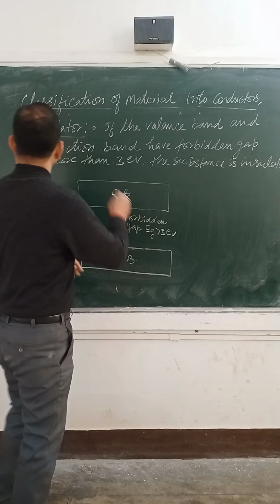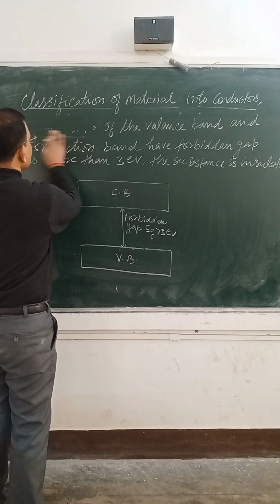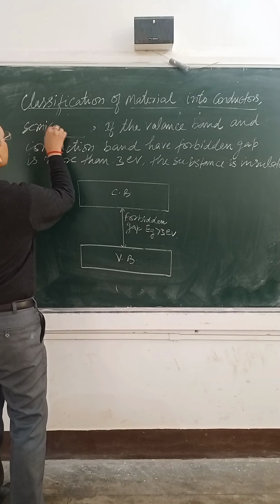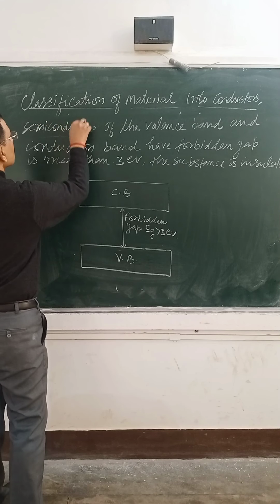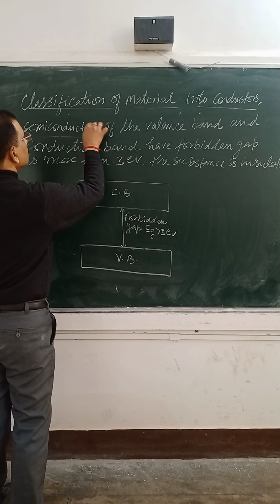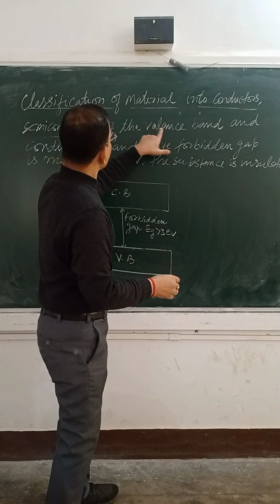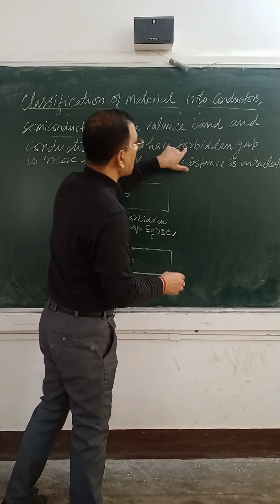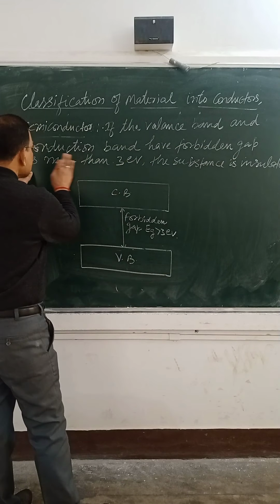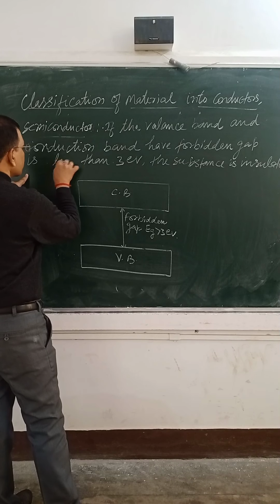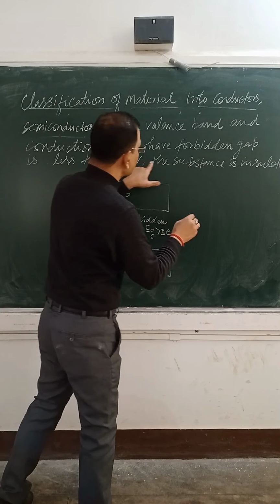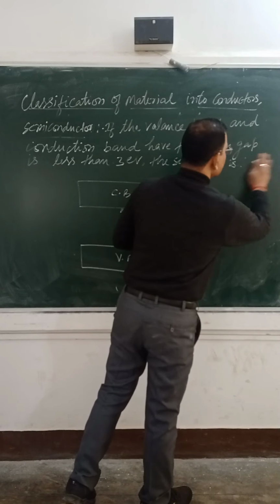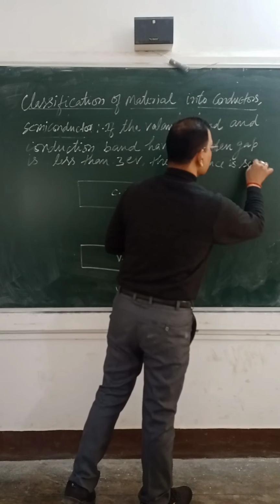And third one is semiconductor. And now look here in semiconductor. If the valence band and conduction band have forbidden gap less than 3 electron volt, the substance is semiconductor.